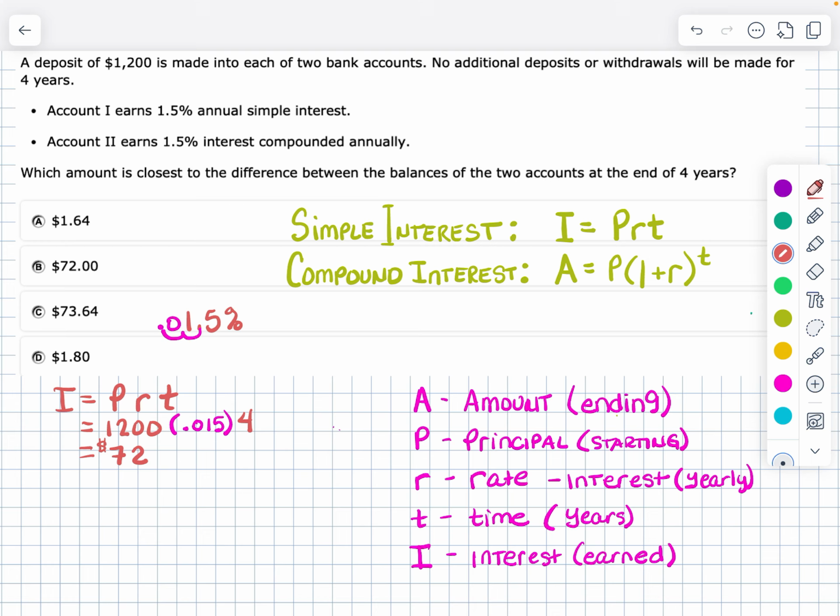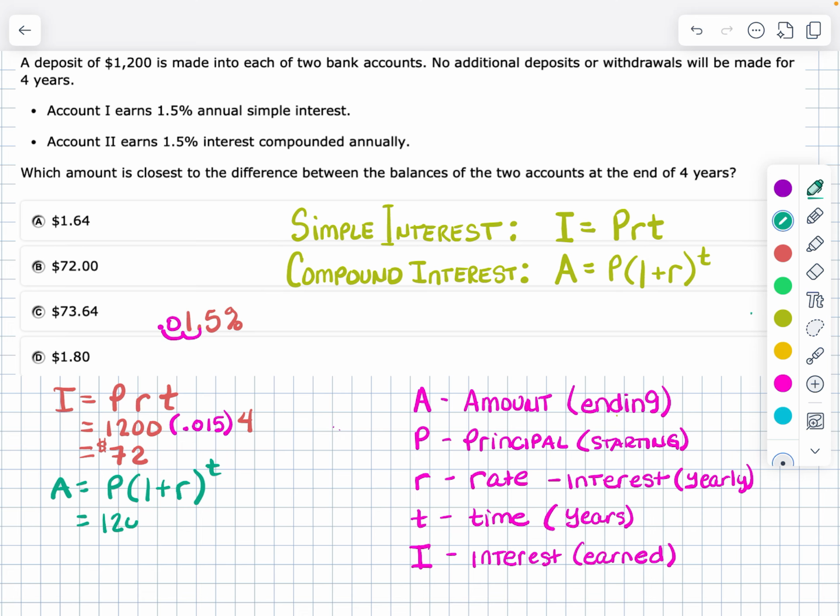Okay, so now let's look at the compounded interest formula, which is A, which stands for amount, apparently. And we have principal, and we have 1 plus the interest rate, again 1.5%, raised to the power of t, which is the amount of time it's sitting in the bank. So let's go back through this again.